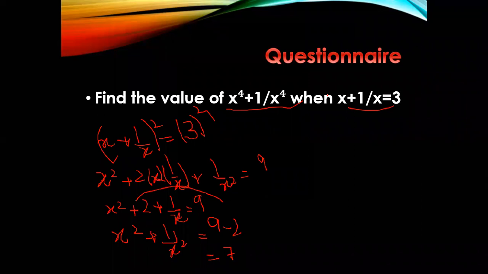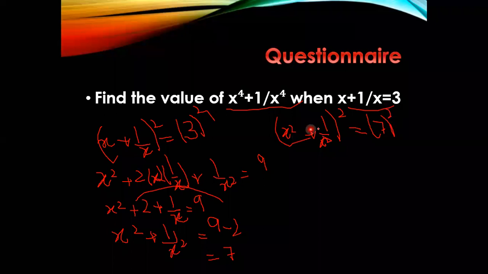Now, what you will do, you will take the square of this x square plus 1 upon x square. Again you will take its square. Okay, x square plus 1 upon x square. Its square will be taken again, and what is on the right hand side, that is 7. You will take the square of 7 again.